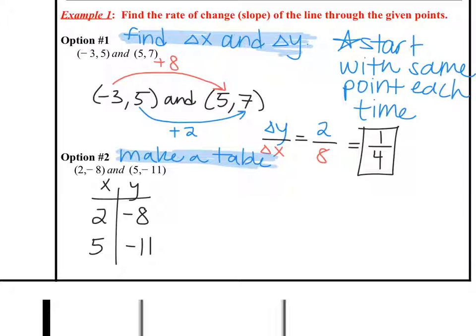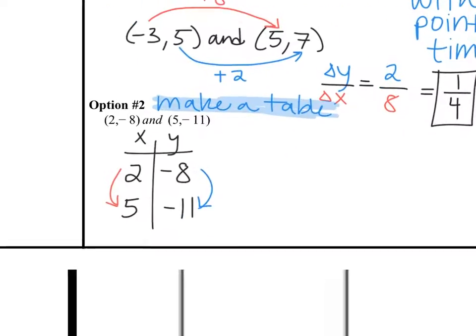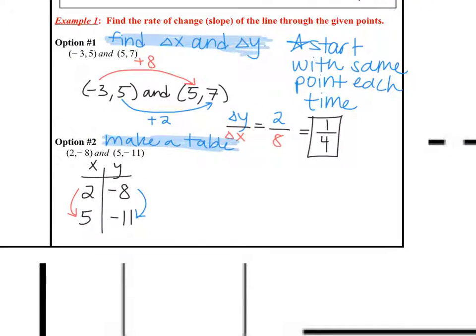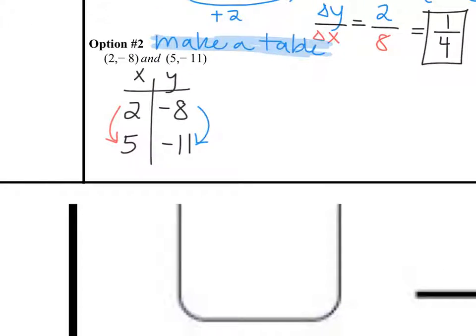Then just like we did yesterday, find your change in x and your change in y. What is your change in x? From 2 to 5, it's adding 3. And then how about my change in y? Subtracting 3.